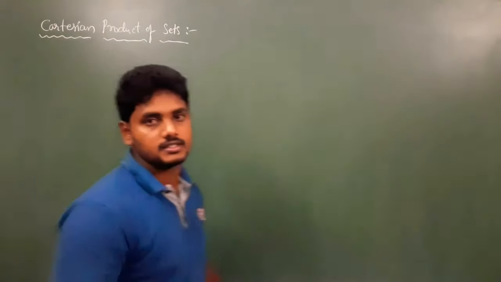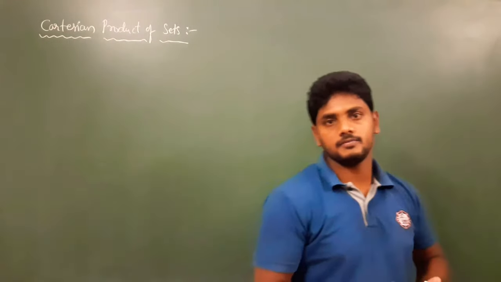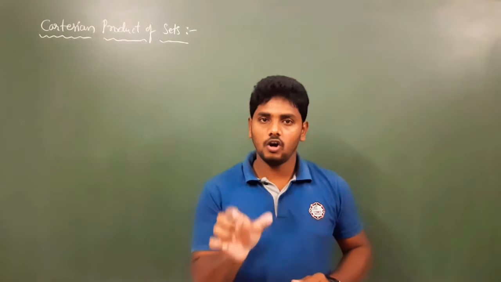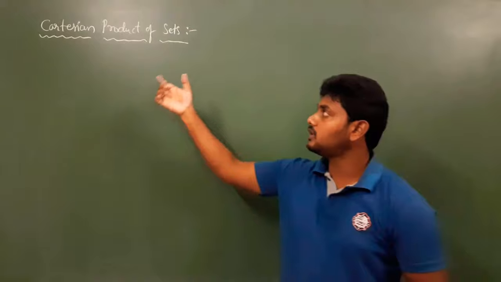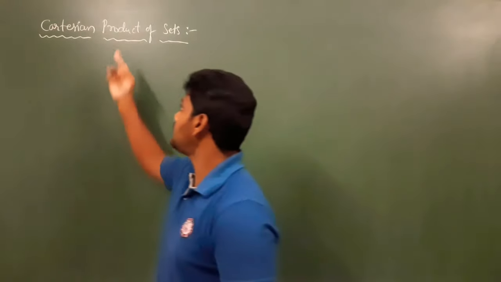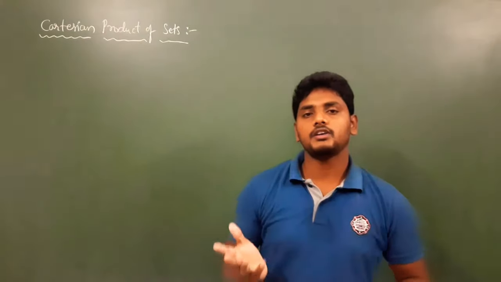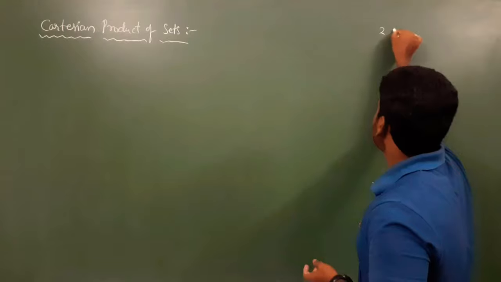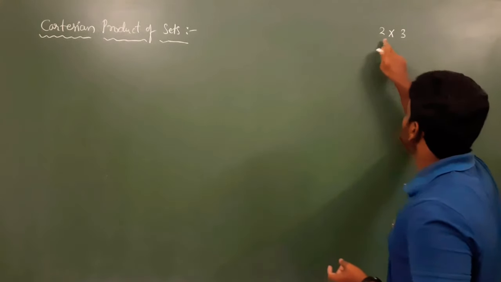Guys, now we will discuss the Cartesian product of sets. Now we have learned ordered pairs, right? Based on ordered pairs, that relates to Cartesian products. How? Cartesian product means here product is there. Product means what? For example, the product of 2 and 3, how will we write? 2 into 3, nothing but 2 multiplied by 3.